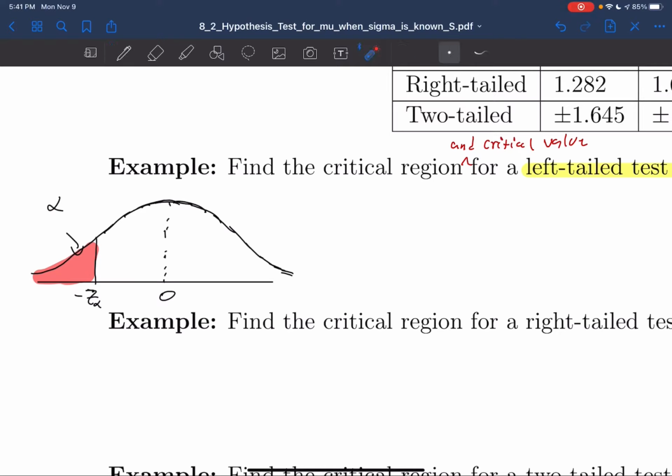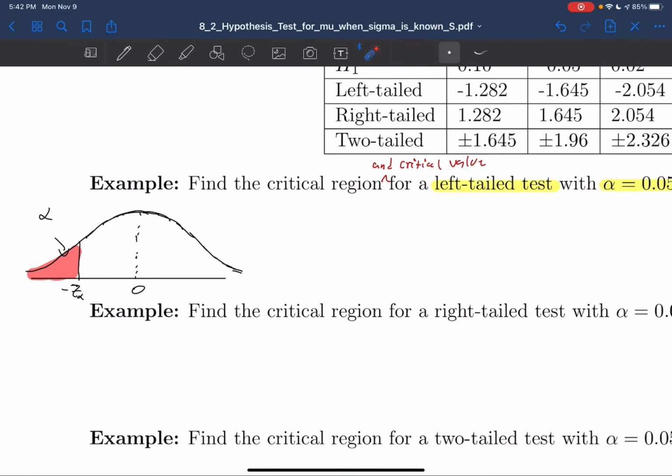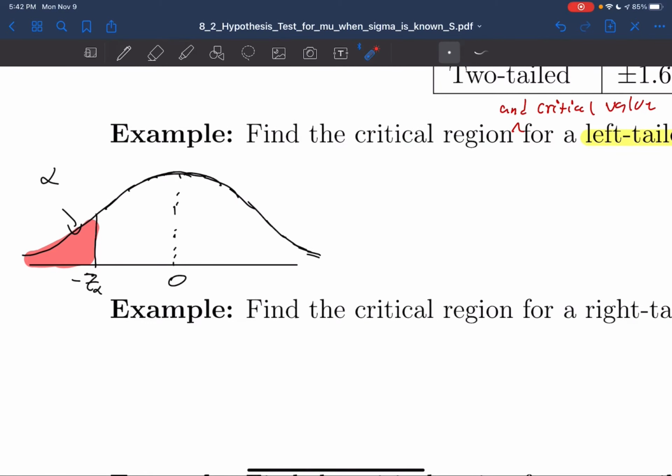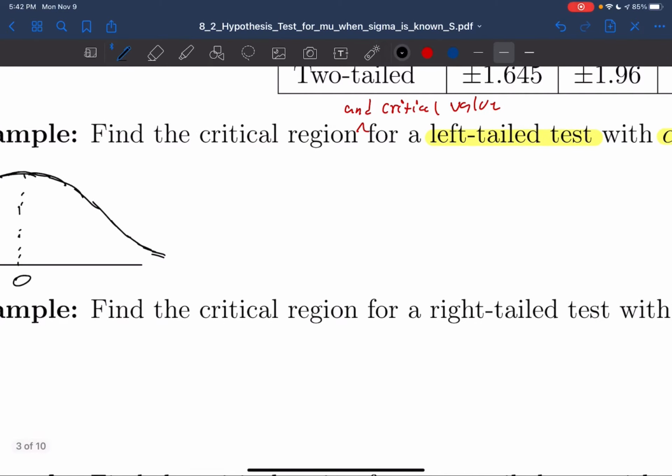It's all the values to the left of our critical value, negative z of alpha. So how do I find negative z of alpha, or our critical value?